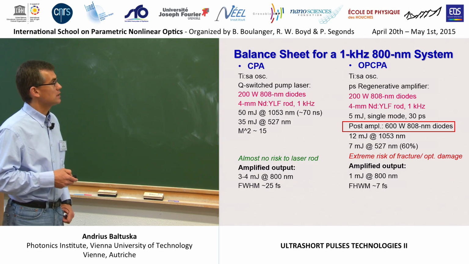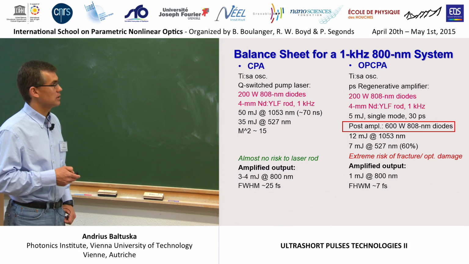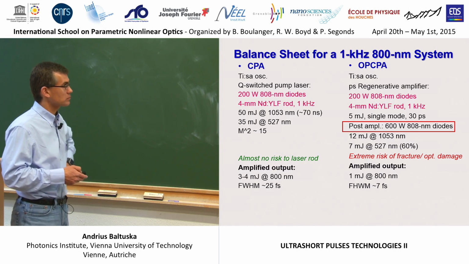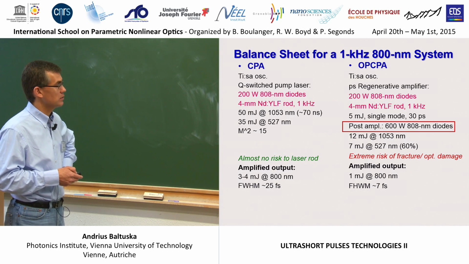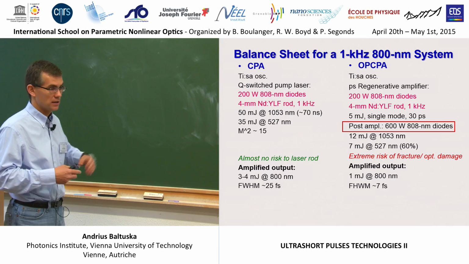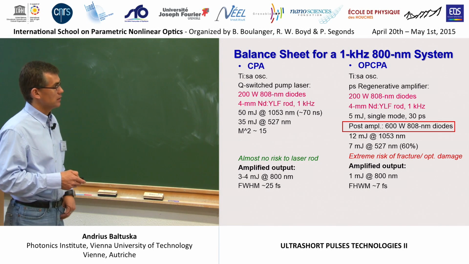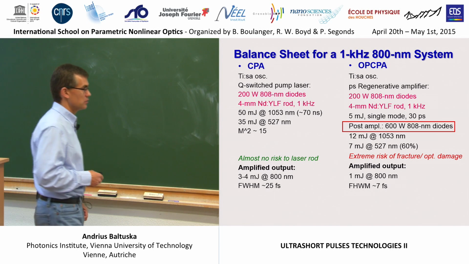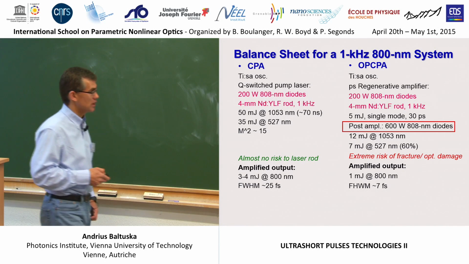Now, to do the same with an OPCPA, you would need all the same technology, but you need to get a picosecond pulse. So you cannot do it in a single amplifier. You would need to have 2 amplifiers, one to pre-amplify, one to post-amplify. So that already makes the price of the whole thing like triple as compared to the CPA arrangement.